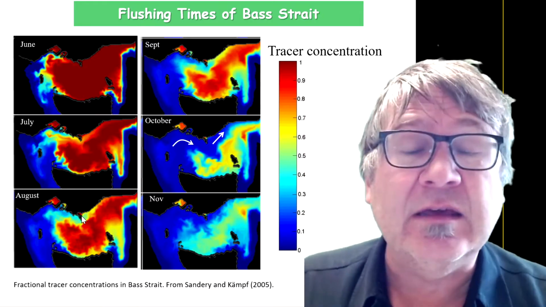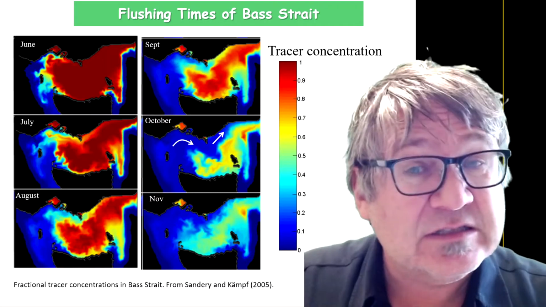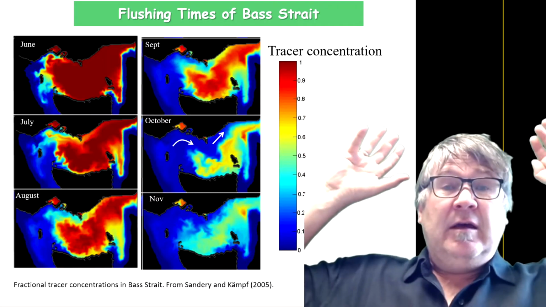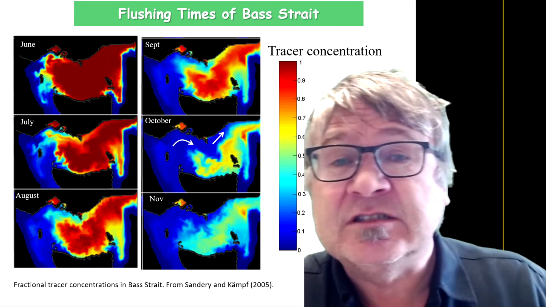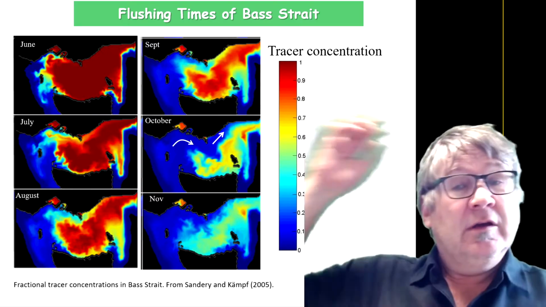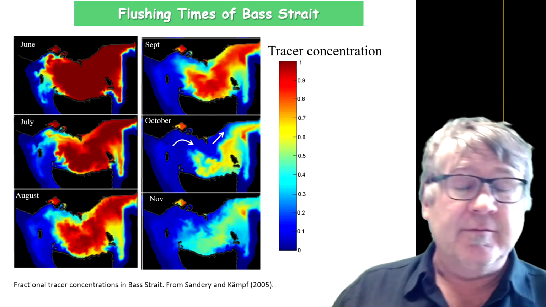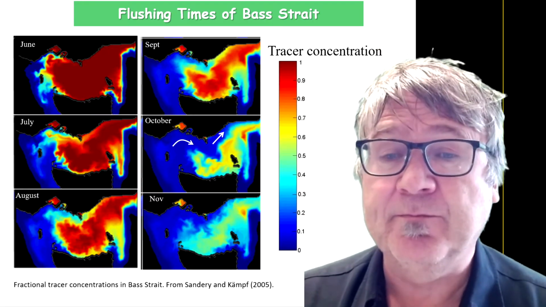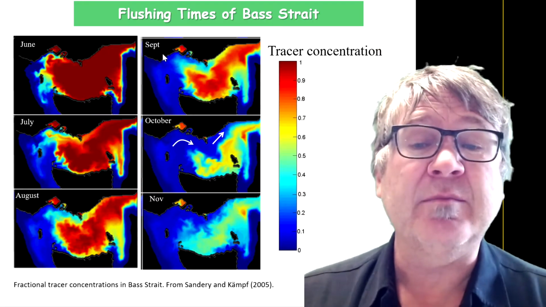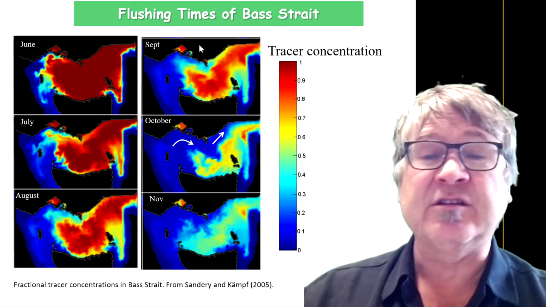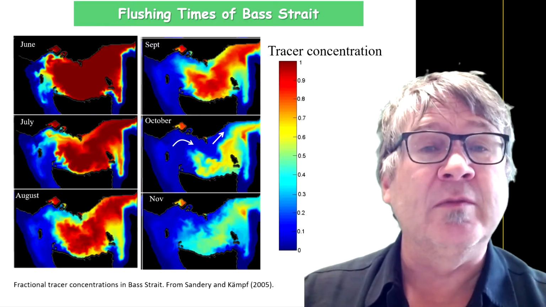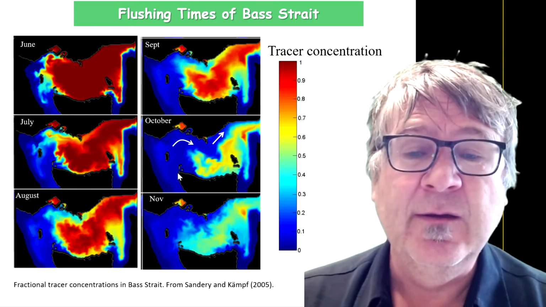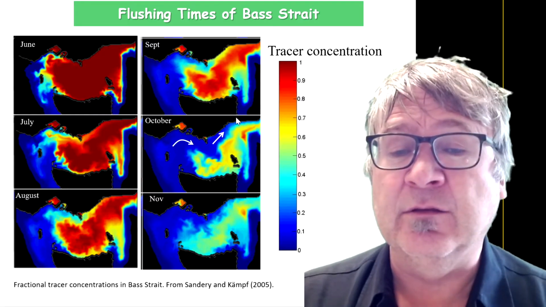Indeed, this is only a theoretical concept. It's like you have a big pot of color and you put it all into Bass Strait. This is just a mind experiment. Over time you can see that the entire region turns more blue, and blue means low concentrations.